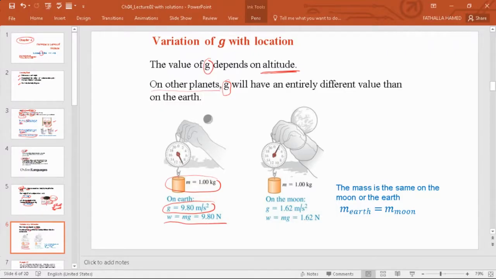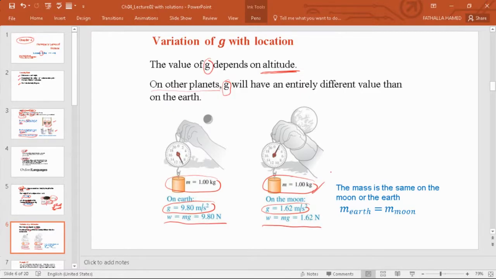Now, if I go to the moon and repeat the same experiment, the mass will be the same, 1 kg, but the gravity on the surface of the moon is about 1.62 meters per second squared. So the weight there will be 1.62 newtons.